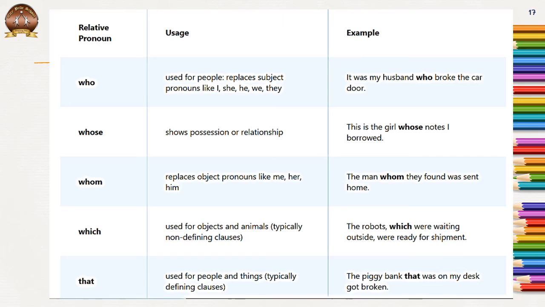See, here nothing in this sentence shows that the clauses are defining something. They're simply stating a fact. But in the next, where we use that, the piggy bank that was on my desk got broken, a clear defining clause can be seen there.